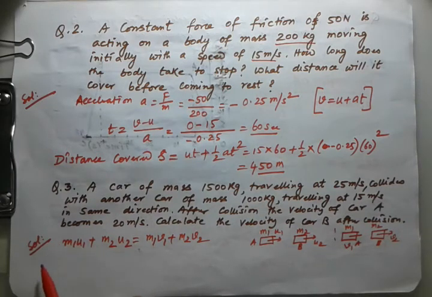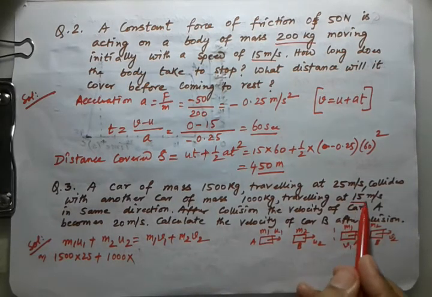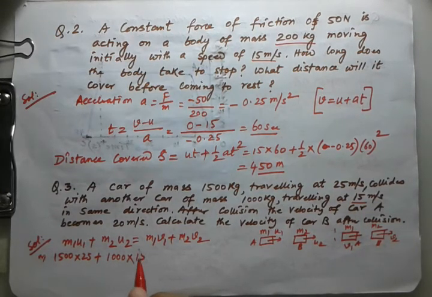All the things are given here. m1 is 1500 into 25, m2 is 1000, and the velocity is 15. m1 is again 1500, v1 is 20 meter per second, plus 1000 into v2, which you have to calculate.